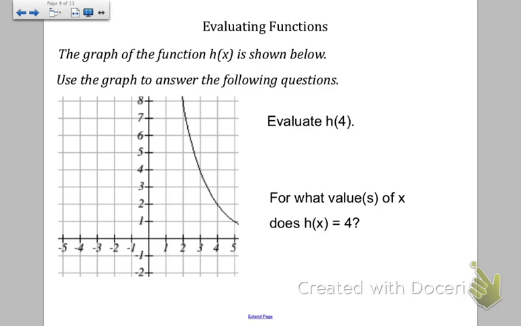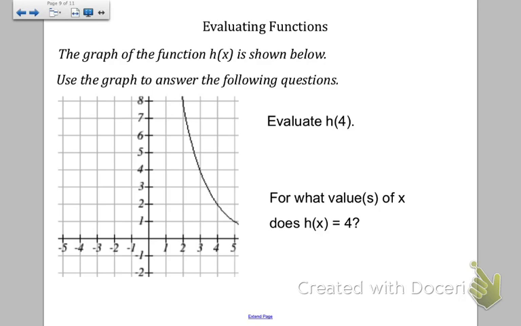Okay, this time we're going to evaluate a function again, which is what we did in those last two examples, but they're going to give us the graph this time. Remember we said that functions can be written in graphs, tables, function notation, and formulas. The graph that we see asks us to evaluate h of 4.